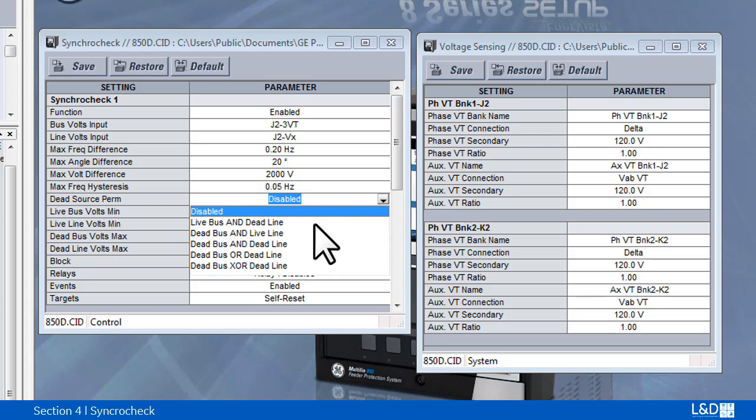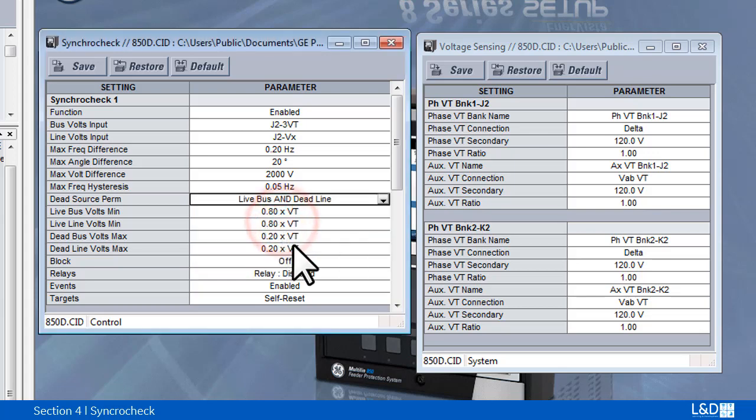For these logic conditions, the live and dead voltage level must be defined. Live bus and line minimum voltage defines the voltage at which the source is live or energized. Dead bus and line maximum voltage defines the maximum voltage magnitude below which the voltage source is dead or de-energized.